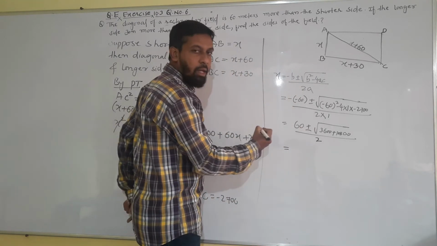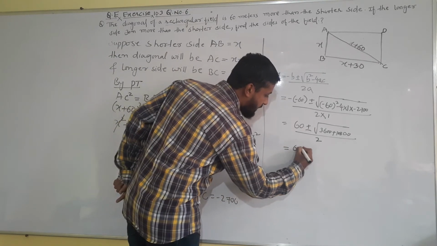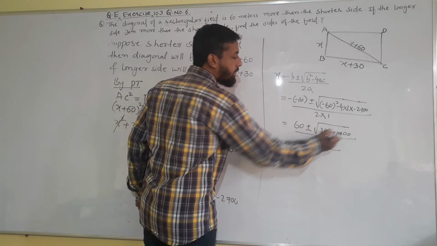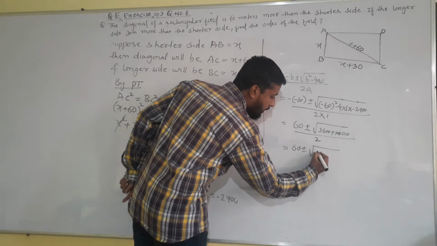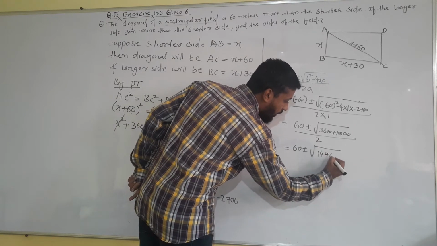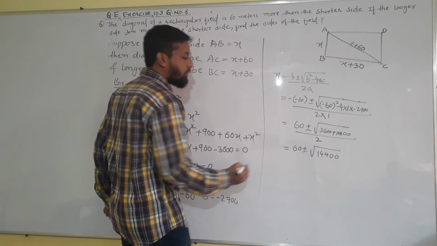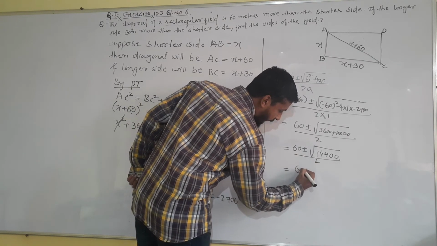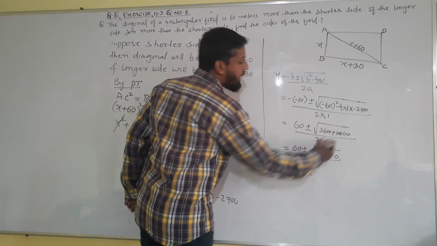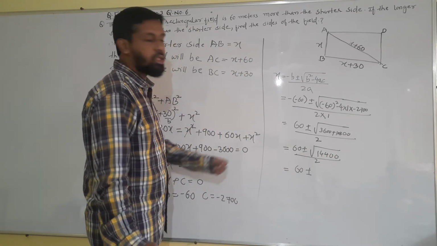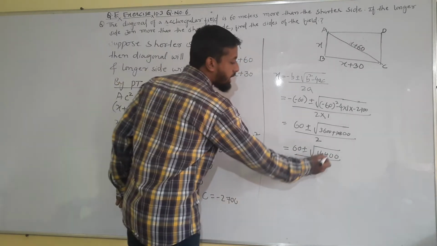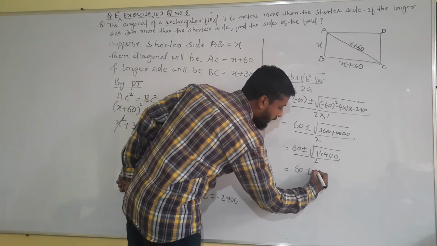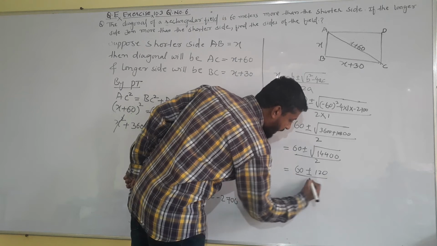Now 60 will be as it is plus or minus under root of. If you add these, the total will be 14,400 divided by 2. Now 60 will be as it is plus or minus under root of 14400. This is square root of 120, divided by 2.